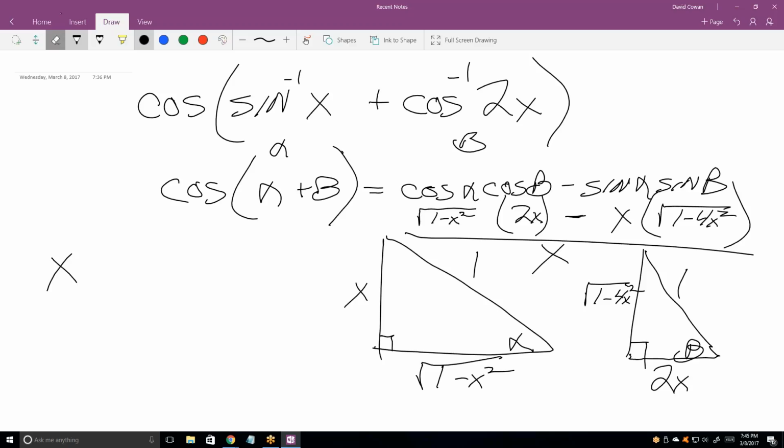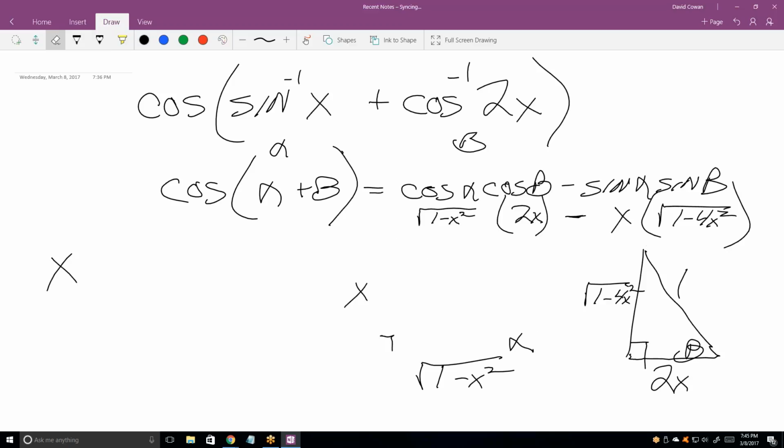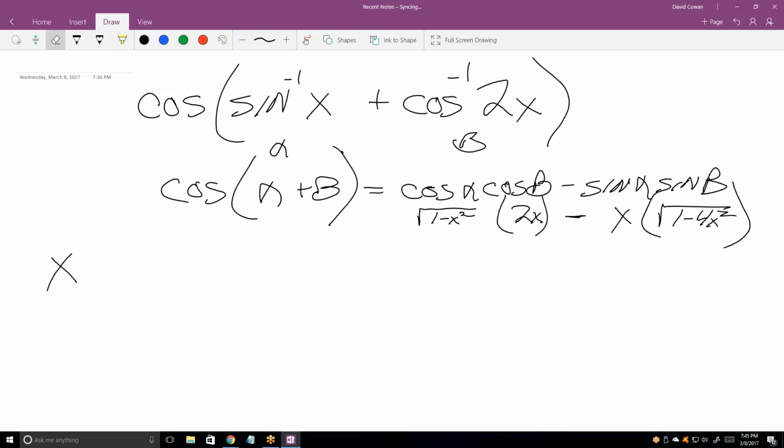If I can't do anything different with the answer, then I think that answer is as good as anything I can write. I certainly can't multiply the x times the square root of 1 minus 4x squared. I can't take anything out of that radical sign.